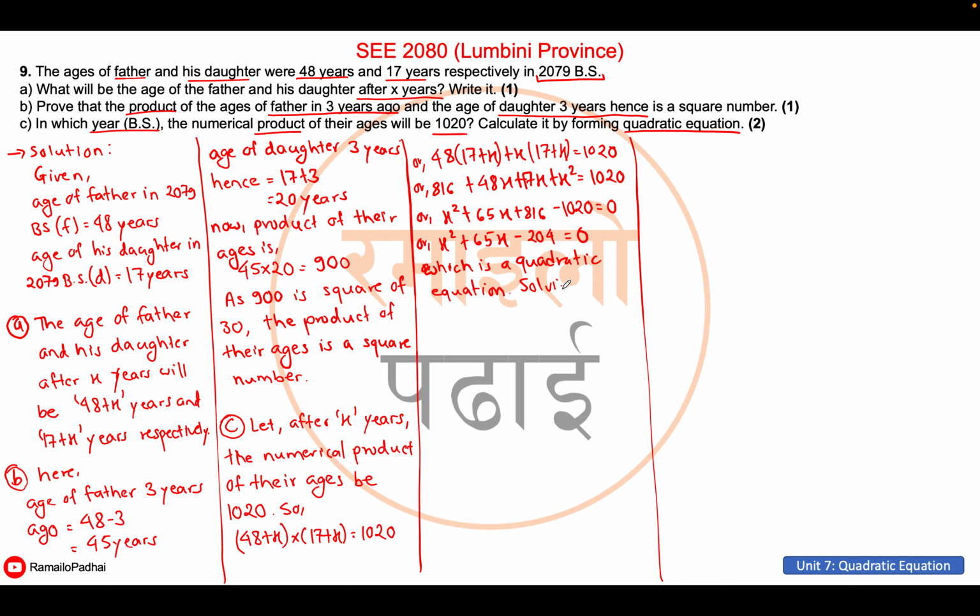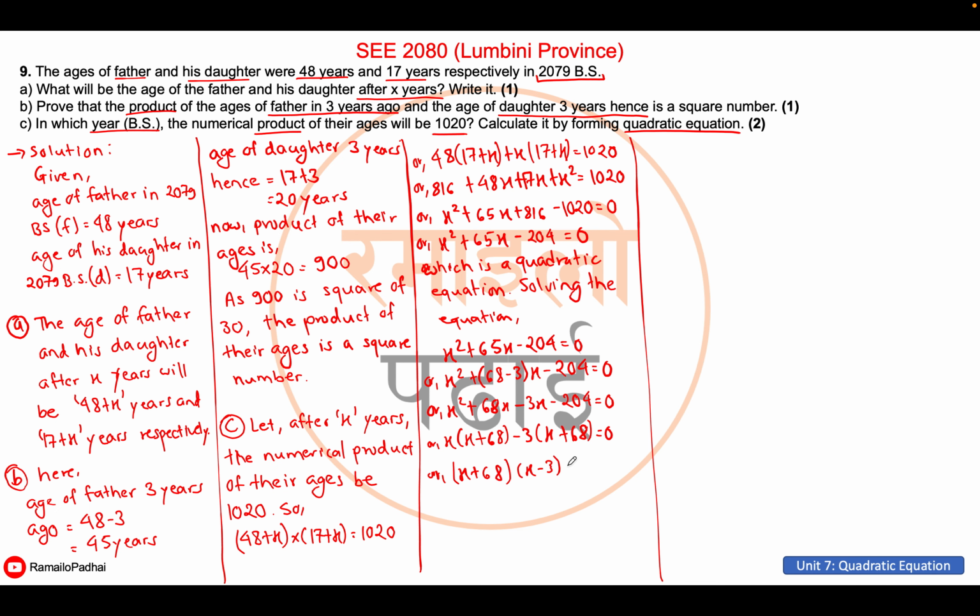Okay, solving the equation, x square plus 65x minus 204 is equals to 0, or x square plus 68x minus 3x minus 204 is equals to 0, or taking x common, x(x plus 68) and taking minus 3 common, minus 3(x plus 68) is equals to 0, or (x plus 68)(x minus 3) is equals to 0.